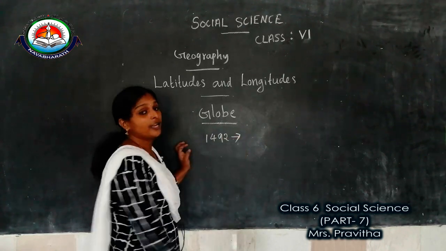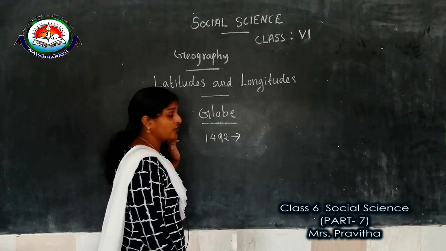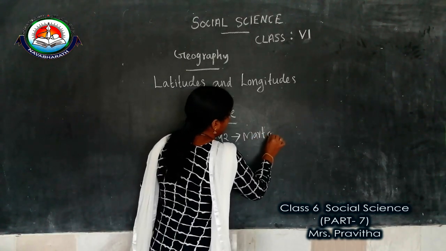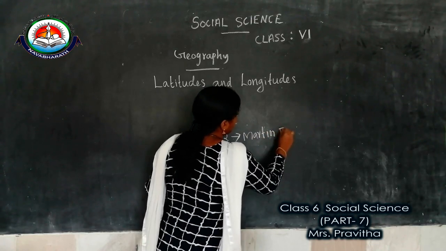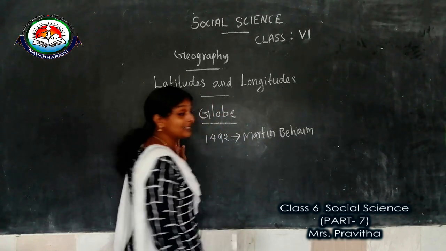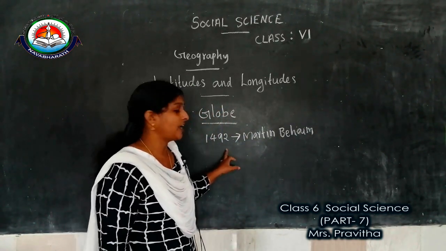So in which year was the oldest globe made? 1492. Martin Behaim was the cartographer who made the oldest globe in 1492.